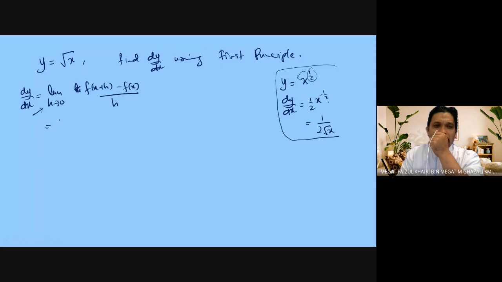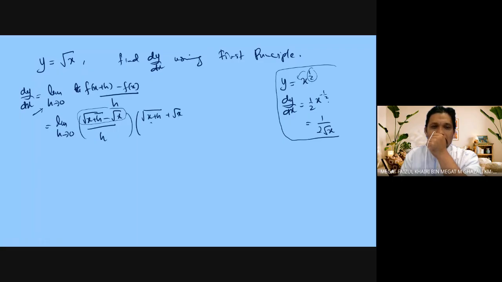So then, limit of h approaching 0, square root of (x plus h) minus square root of x, divided by h. In this case, we are referring to the numerator, so we need to multiply by the conjugate of this, square root of (x plus h) plus square root of x, over square root of (x plus h) plus square root of x.